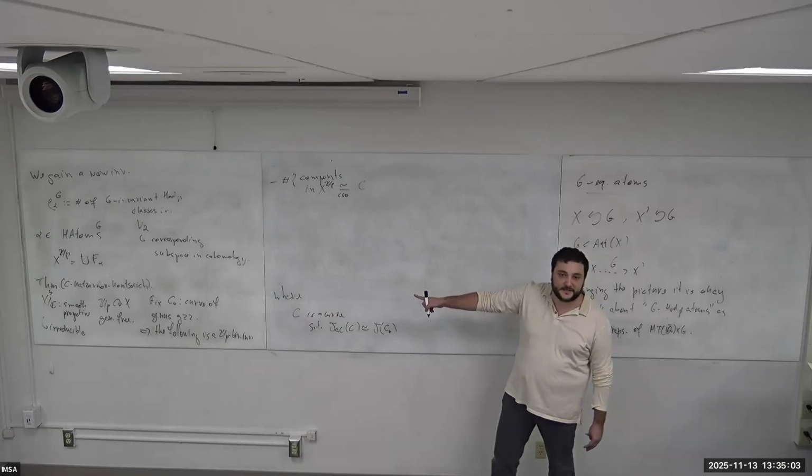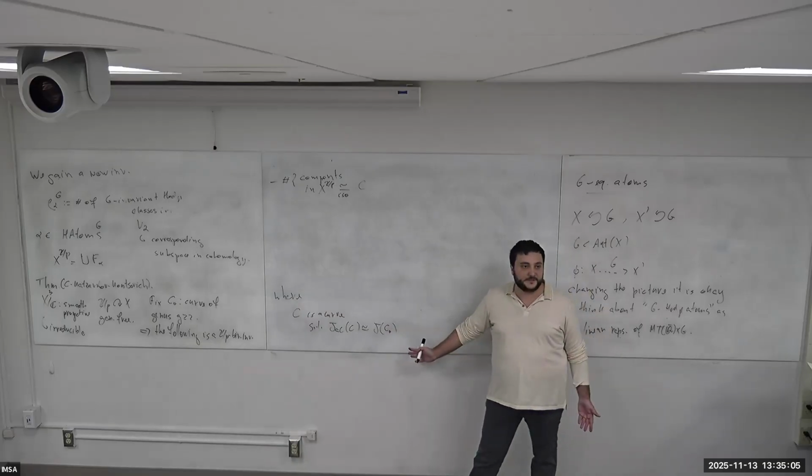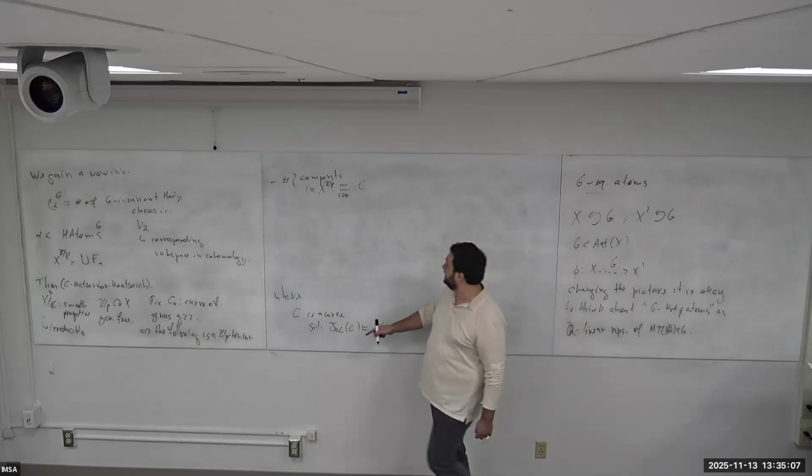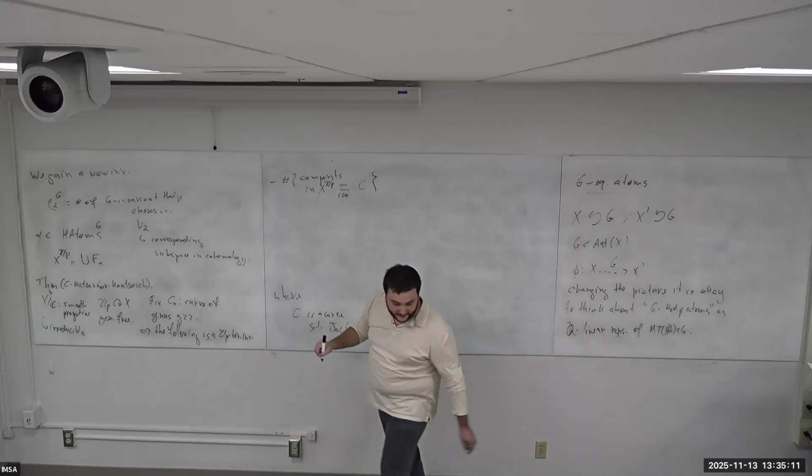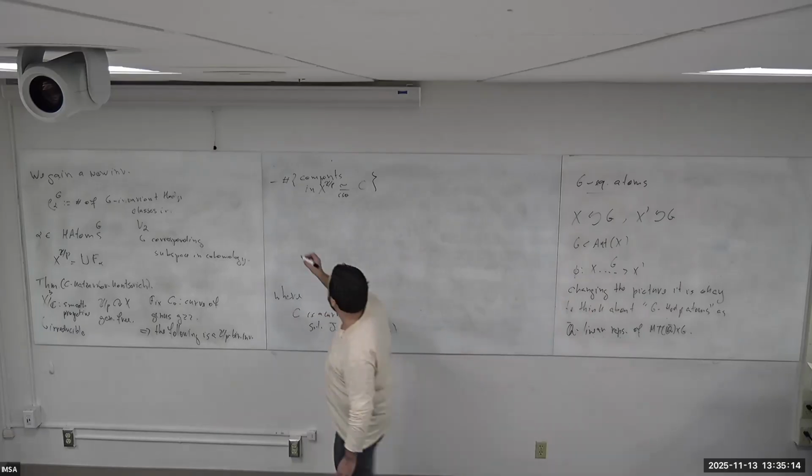So we are keeping track of the curves that have this property regarding their Jacobian. Components isomorphic to that, then there is other stuff.